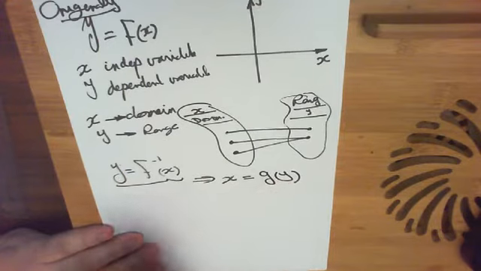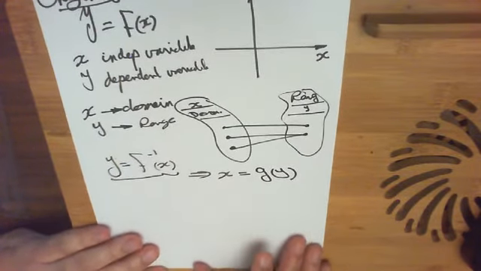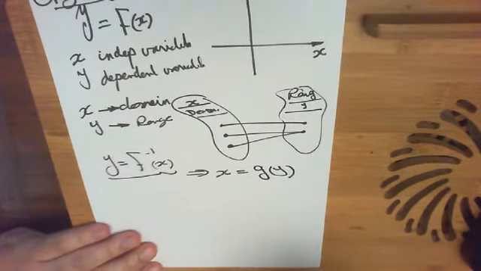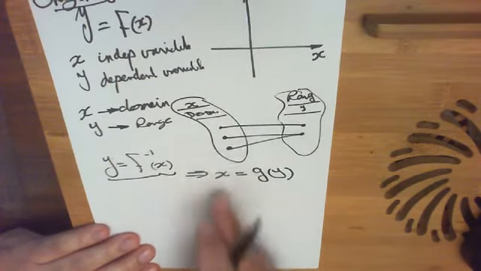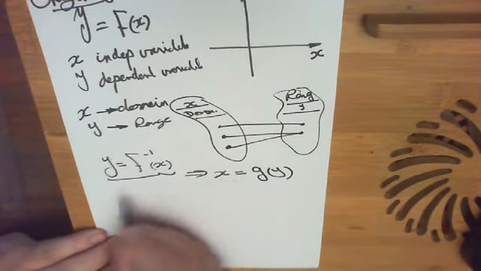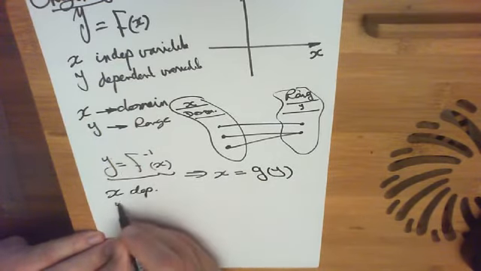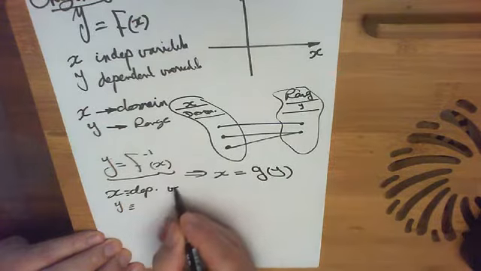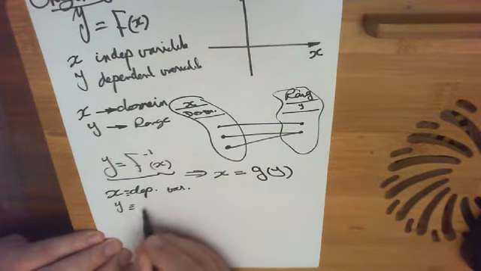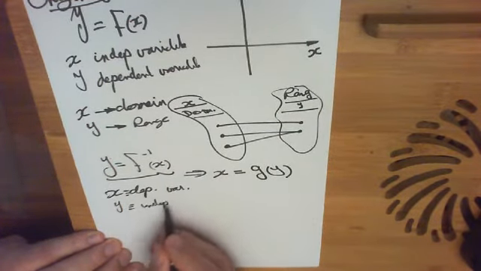But as we said, now x is the dependent variable, and y is the independent variable.